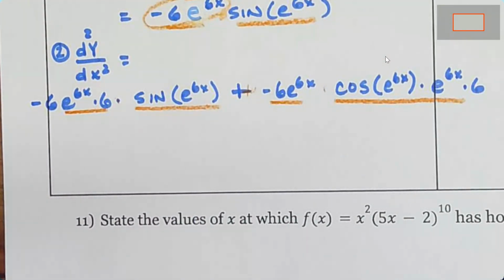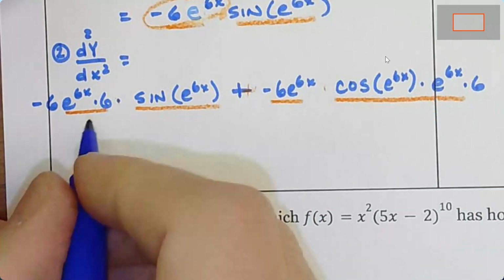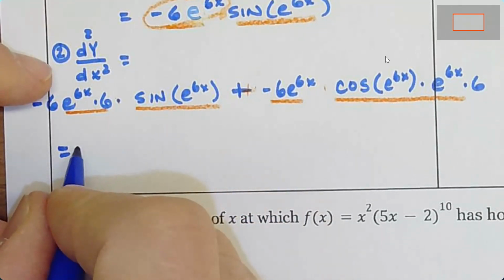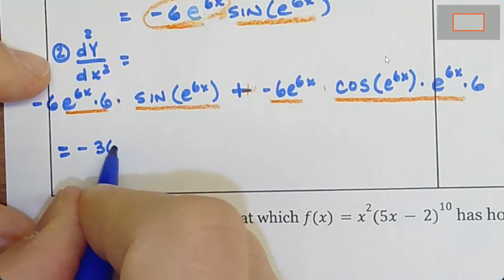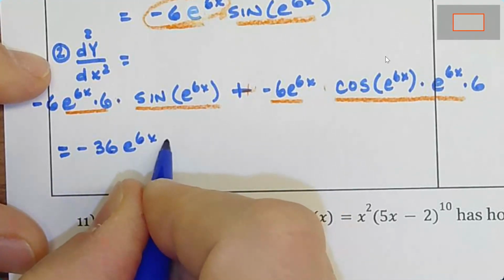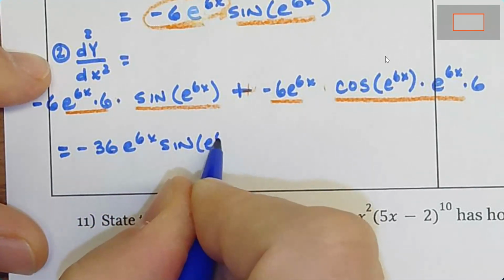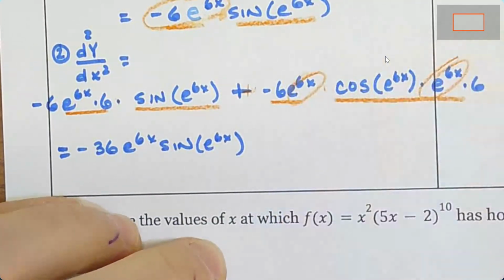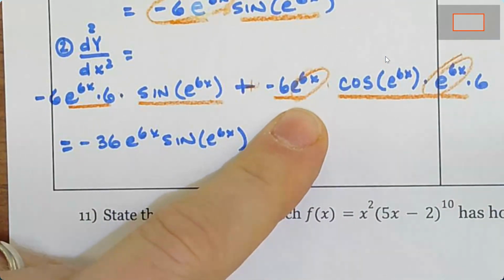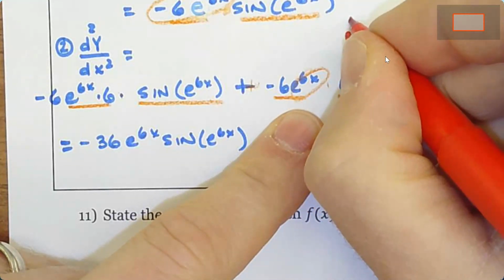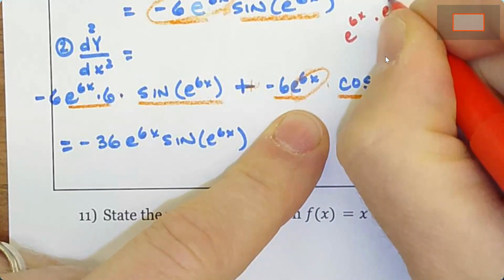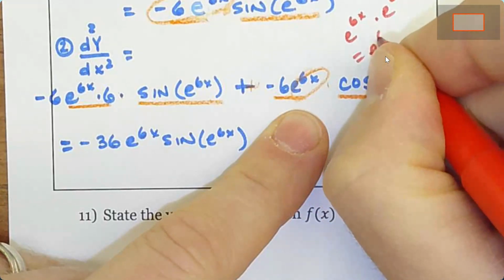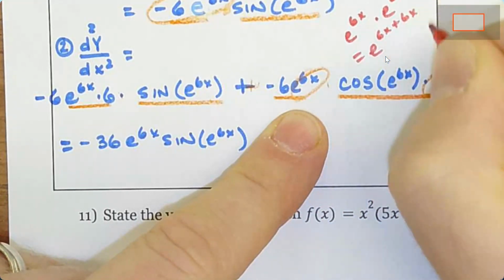And we want to clean this up. We could factor something out if we wanted to. I don't think I'm going to this time. I think instead I'm just going to say this is negative 36 e to the 6x sine of e to the 6x. And then right here, e to the 6x times e to the 6x is e to the 6x plus 6x, right?